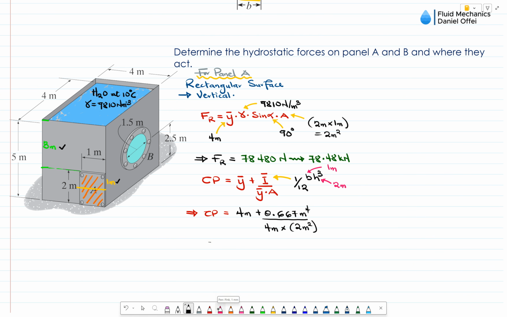So that finally we can say the center of pressure is at 4.083 meters below the surface of the liquid, and it confirms that the center of pressure is always below the centroid of the object, because the centroid was at 4 meters and the center of pressure was 4.083 meters below the surface of the liquid.